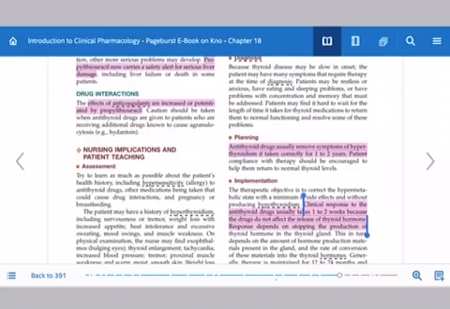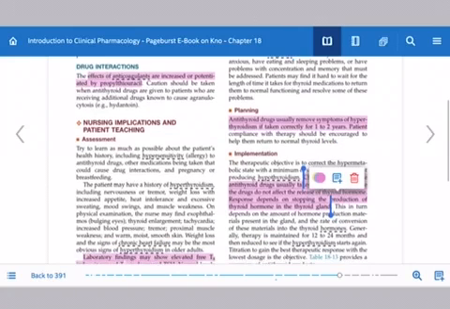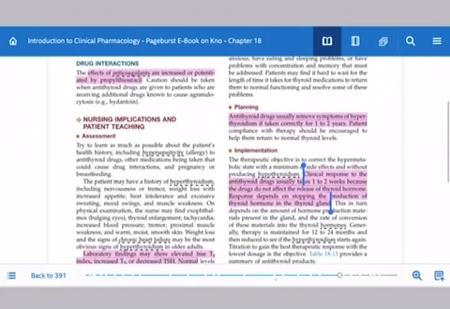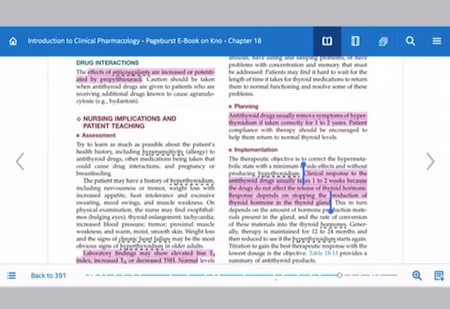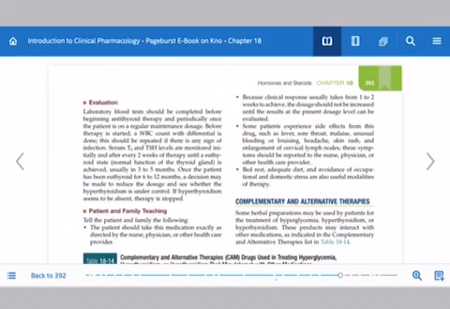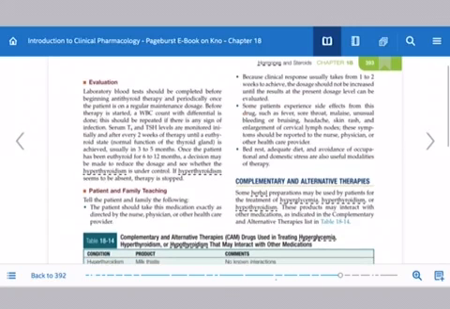It says response depends on stopping the production of thyroid hormone in the thyroid gland. All right, so here it says that once the patient has been euthyroid for 6 to 12 months, a decision may be made to reduce the dosage and see whether the hyperthyroidism is under control.